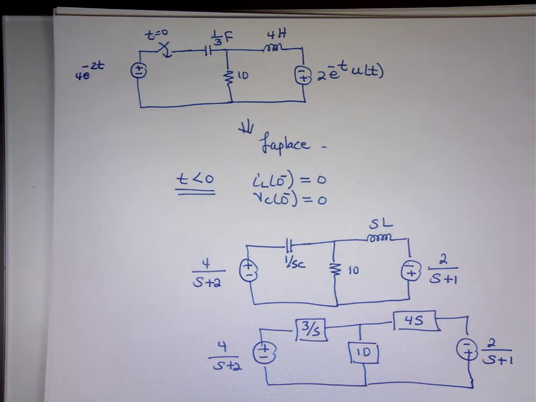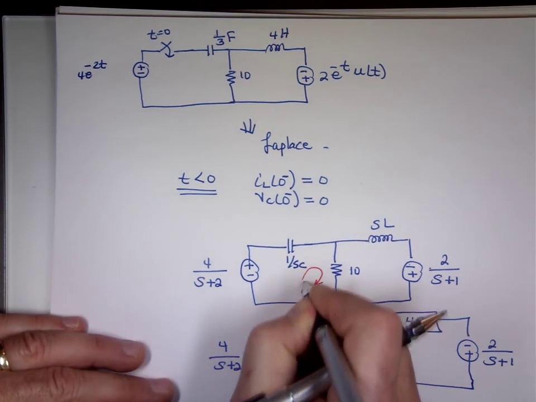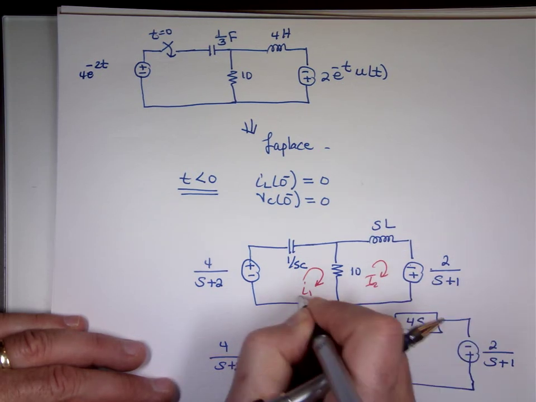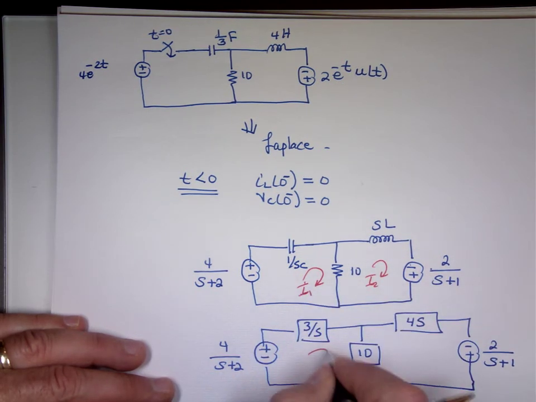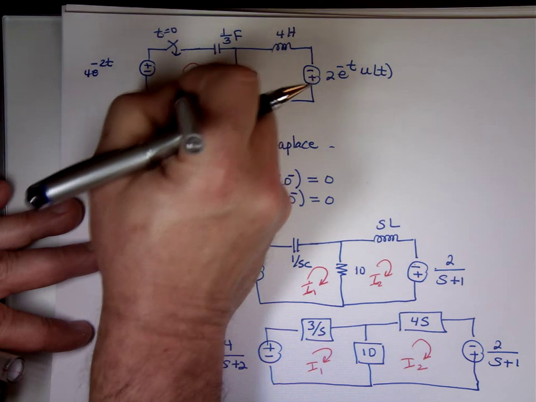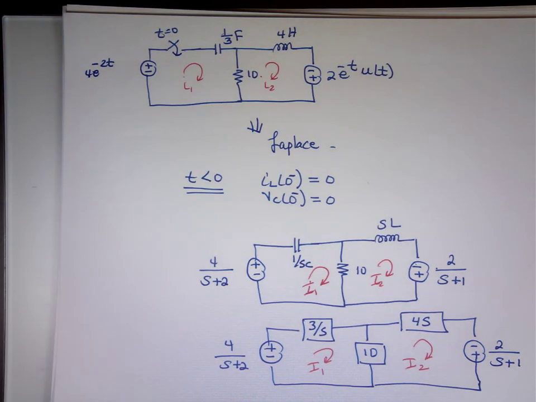And we need to solve that. I forgot what the question was for this problem. Find I sub 1, I sub 2. I sub 1 is this current. I sub 2 is that current. What are they? That's the question.